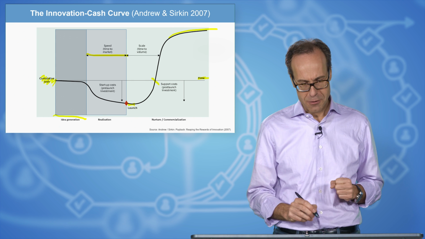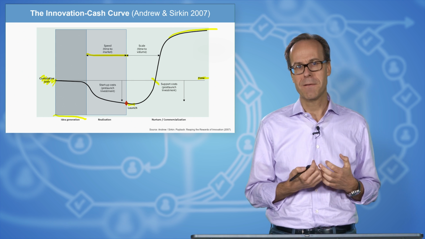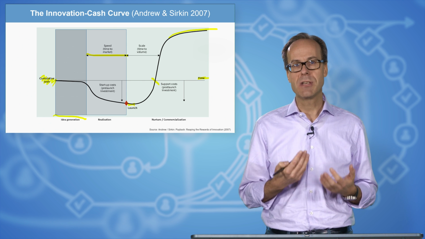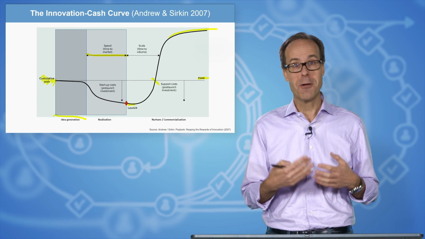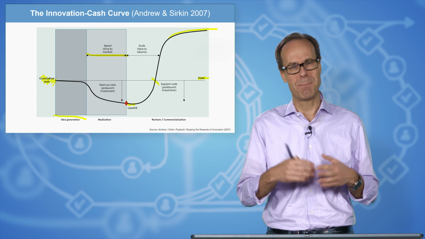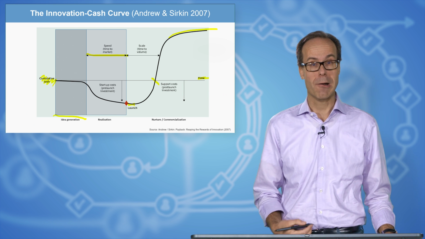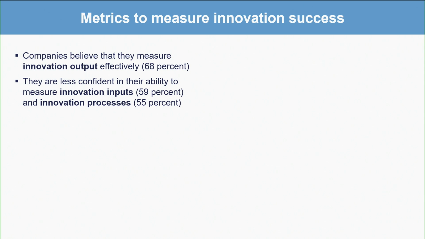So, but the cash curve already introduces us in the perspective that innovation comes at a cost. It's not just about creating new products, being creative and so on. No, it actually means to spend a lot of money. And this is why companies care about innovation success measurement.